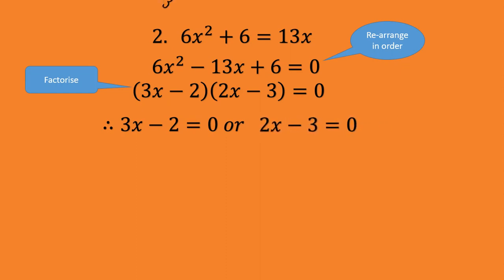We can solve x here by saying take the 2 over, it becomes plus 2, divide by 3, and we've got an answer of x equal to 2 over 3 on this side. On the other side, we've got 2x minus 3, and we move over the 3 over there, we get 3 over 2 on the other side. So that would be our values for x in this case.